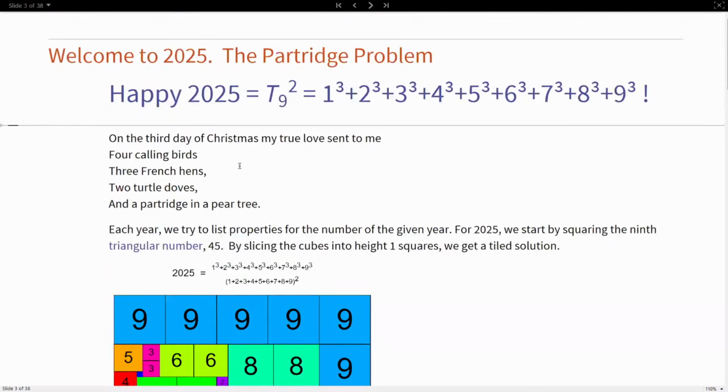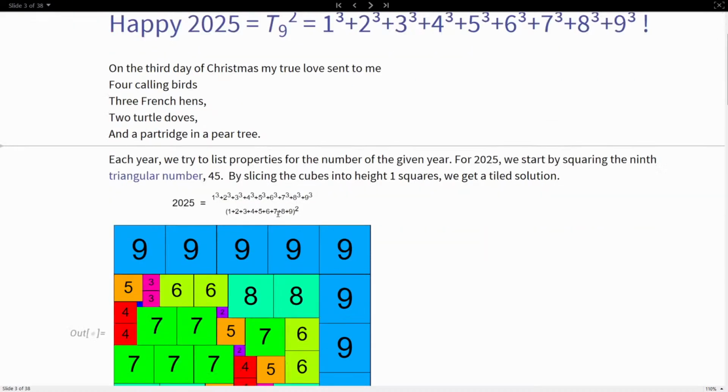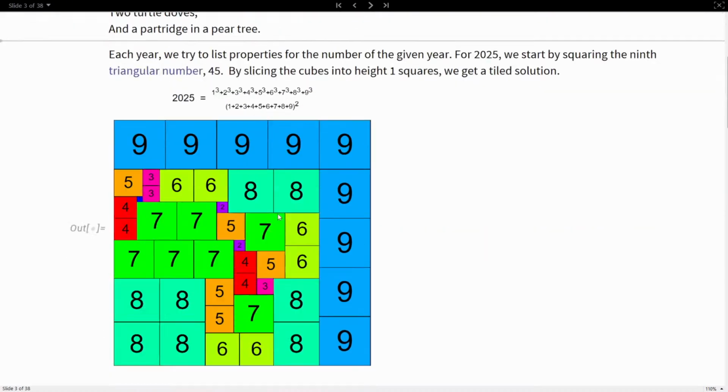And it's based on the twelve days of Christmas, 4 calling birds, 3 French hens, 2 turtle doves, and a partridge in a pear tree. That sort of thing where the smallest item is used very infrequently. There's 1 one, 2 twos, 3 threes. That's one way of slicing up a cube.